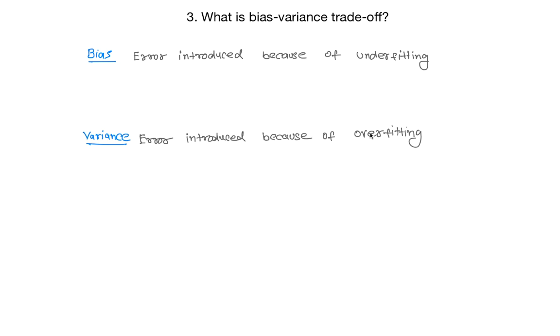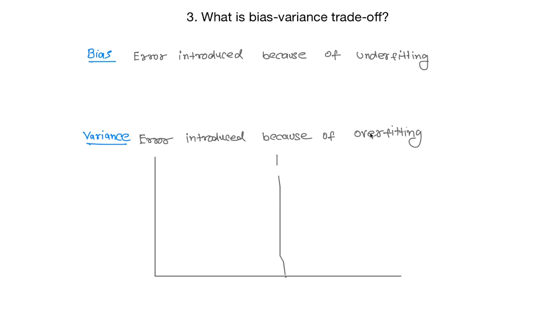This variance is introduced because of the complexity of the machine learning models. Normally, when you increase the complexity of your model, you see a reduction in error due to the low bias in the model. If I draw the bias and variance trade-off, let me draw this first.